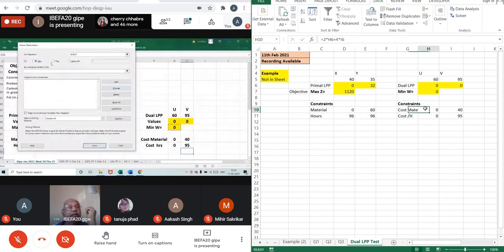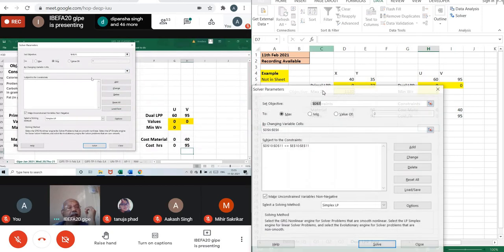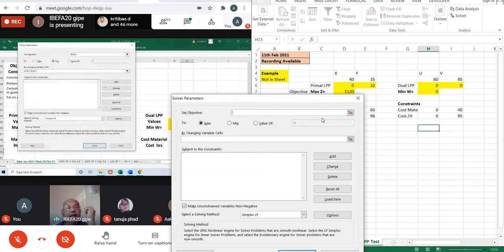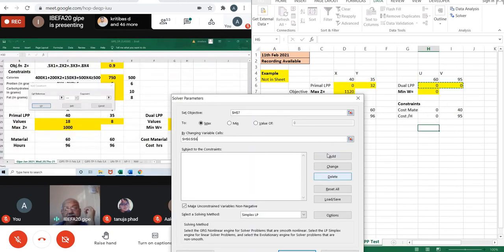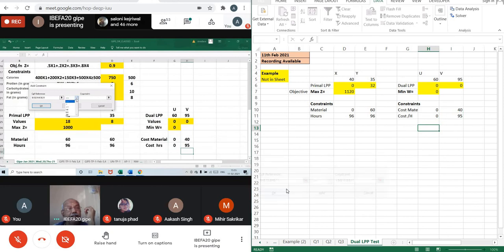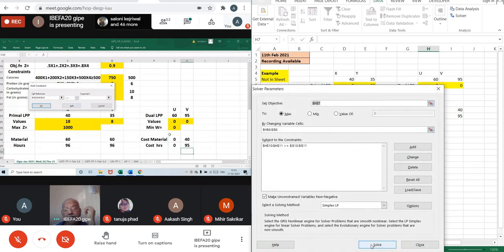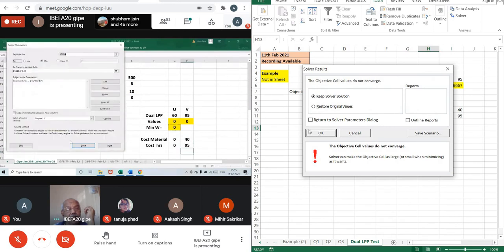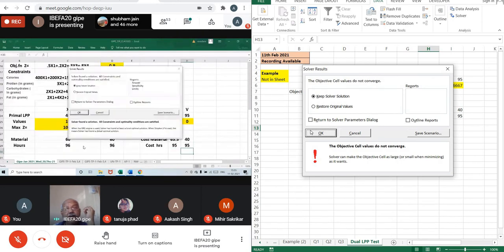This one. Minimize the variable cell UV and condition greater than or equal to, okay. Solve it.